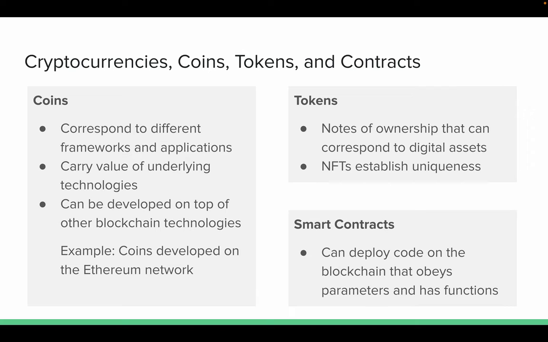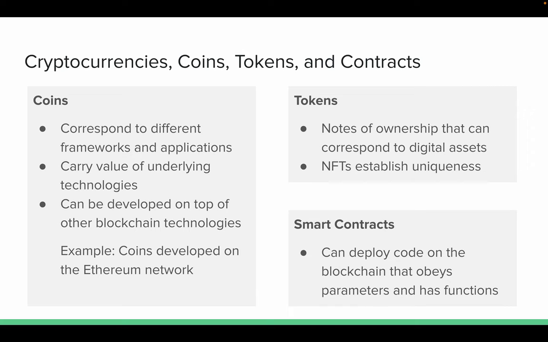For example, in order to understand this, consider the coins Bitcoin and Ethereum. These coins carry the value of operating on the Bitcoin or Ethereum blockchains. The miners that we introduced earlier are rewarded these coins for carrying all these computations and for being responsible to validate transactions that are on the network.